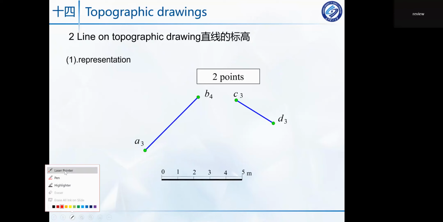So if I watch this line from this view, you can see the height direction, maybe the shape is like this.